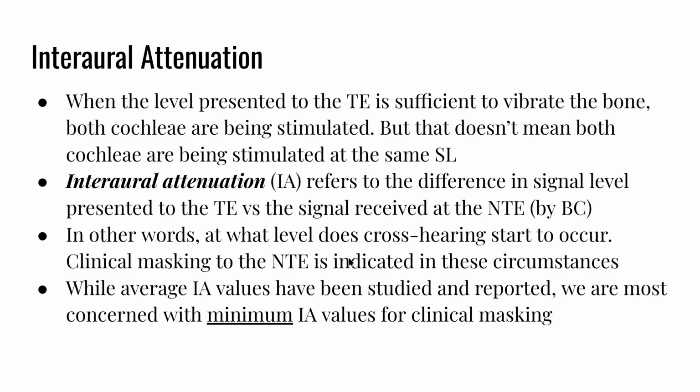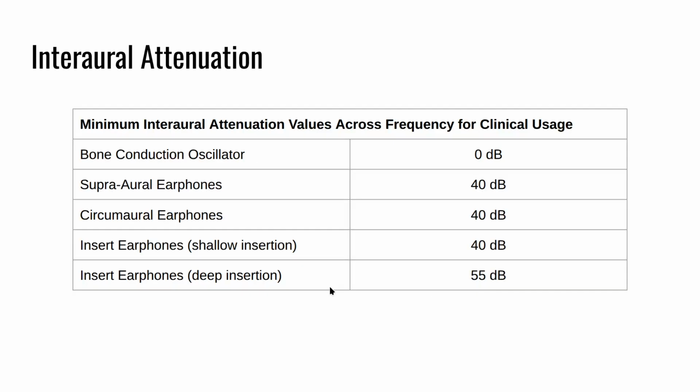The average intraoral attenuation value is relevant to know and understand, and it's relevant to the average test patient or subject, but it's really the minimum values that we use when we're calculating when to mask, because we're erring on the side of caution.